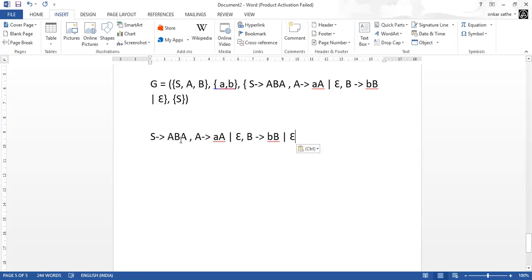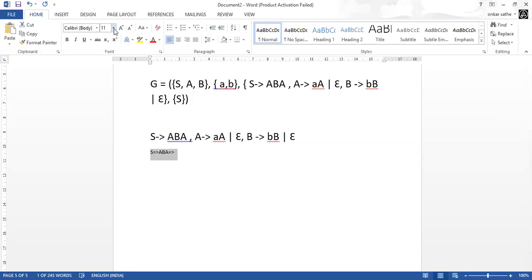Similarly, S produces epsilon in more than one step, like S produces ABA. Then if we reduce this A as epsilon, this B as epsilon, and similarly this last A as epsilon, it will produce epsilon. So this S is also a nullable non-terminal.